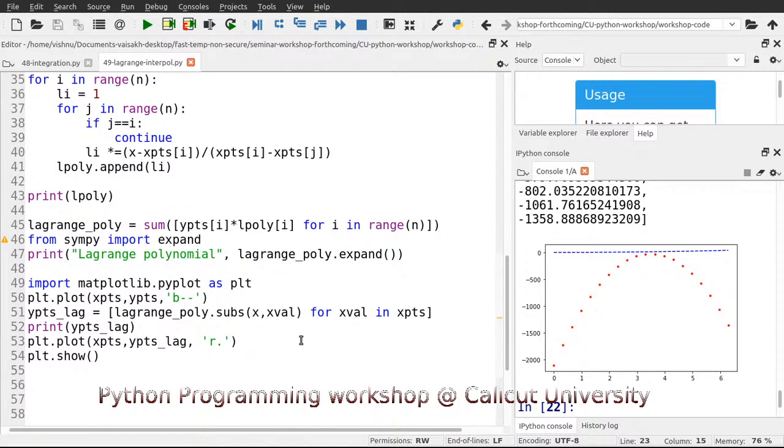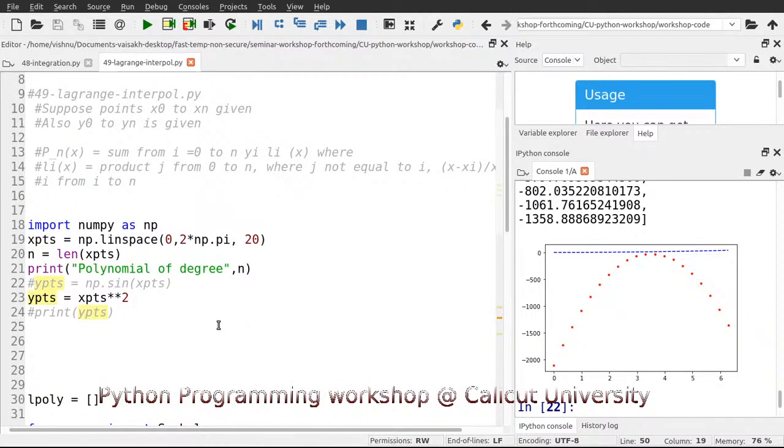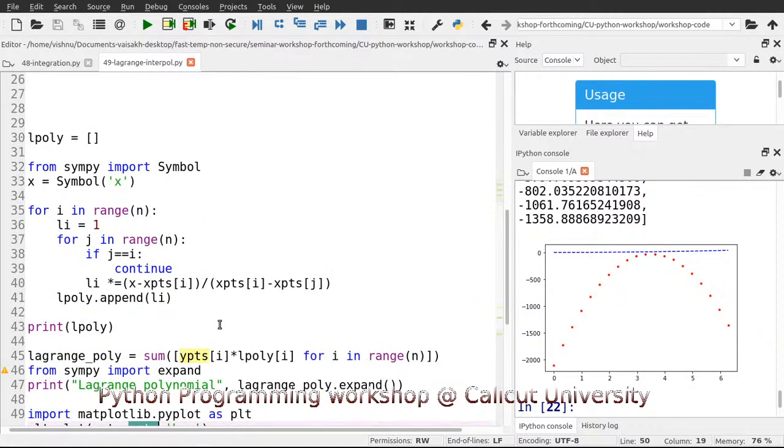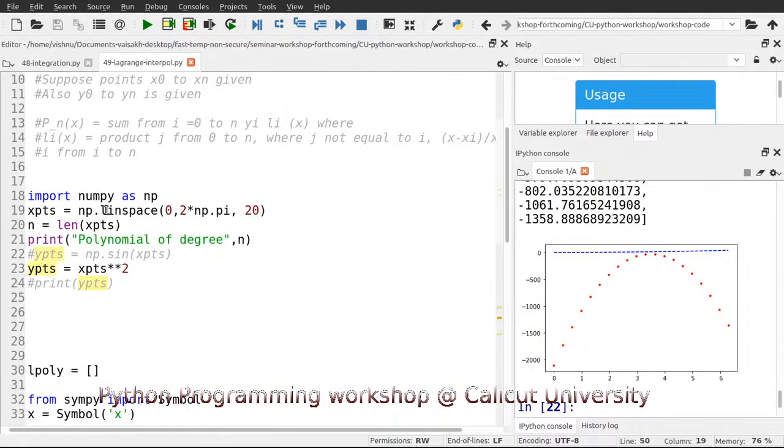Still, which is in red. Red is given by the polynomial, and blue is given by x points and y points. Why are these x points and y points coming like this? In np.linspace 0 to pi, am I using something? Okay, let me just see from the beginning itself. X points is np.linspace 0 to 2 pi. So np.pi, X point is up to around 6, that's correct.